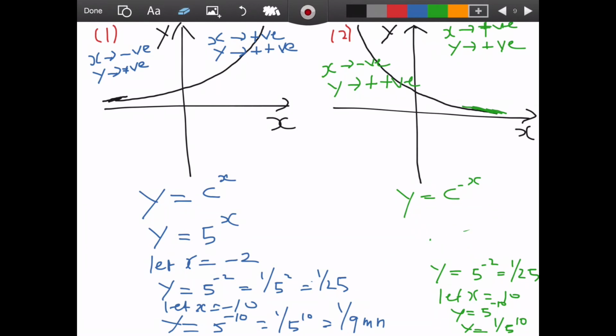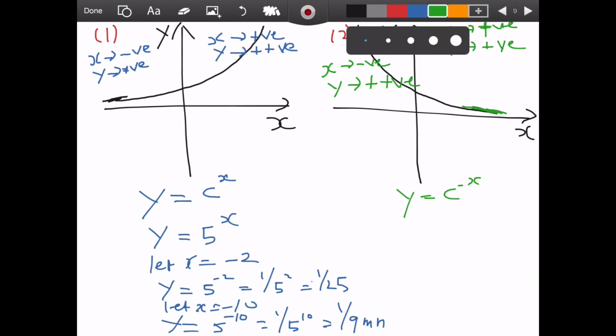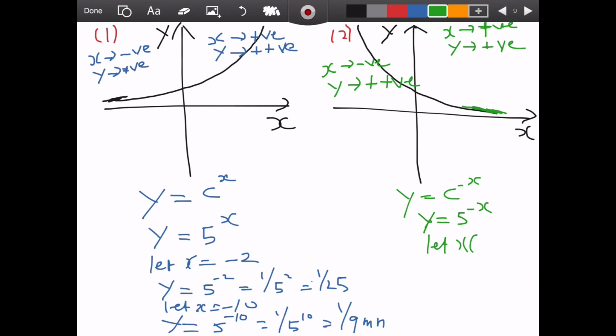So let's see when x is a negative number, what is y? Let x equal minus 2, for example. Y becomes 5 power of minus minus 2, so it becomes positive, equal to 5 squared, which is 25.